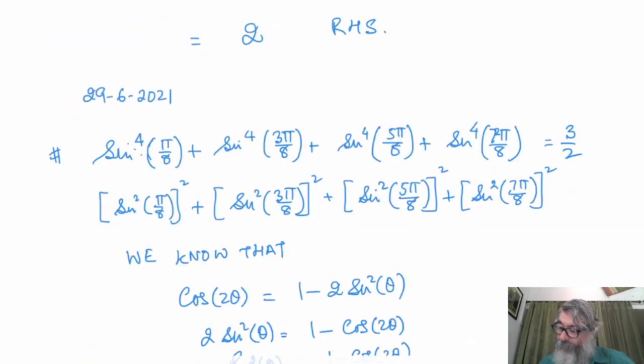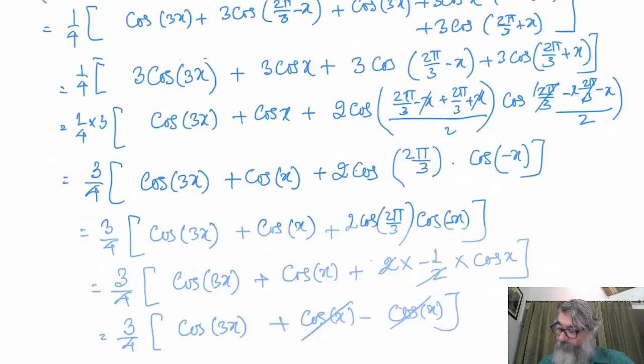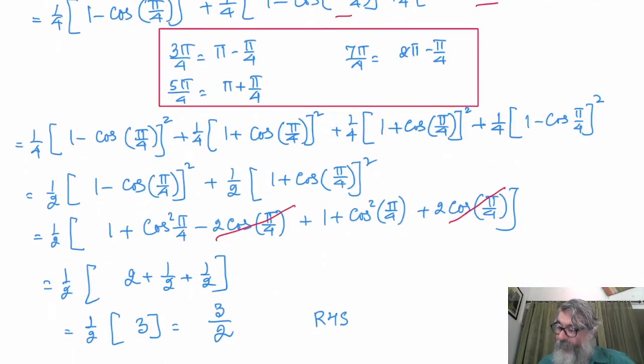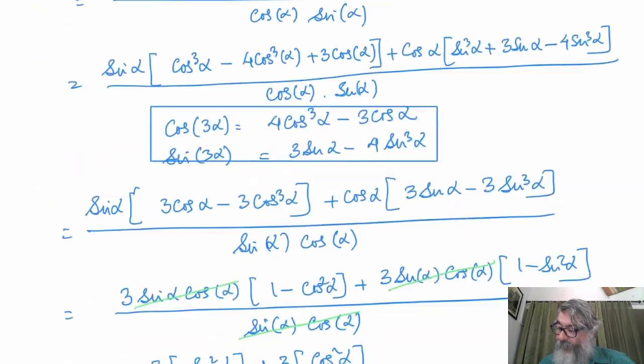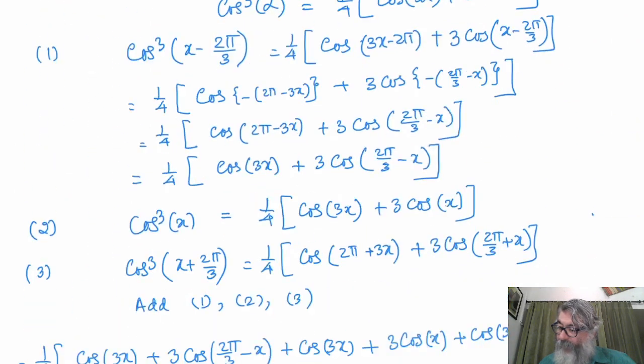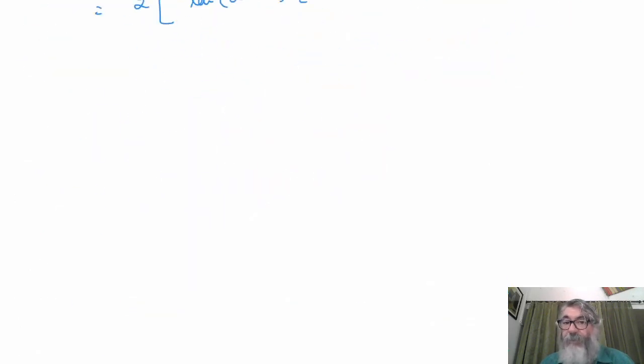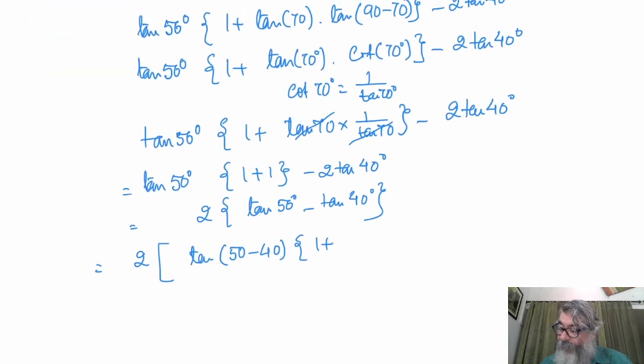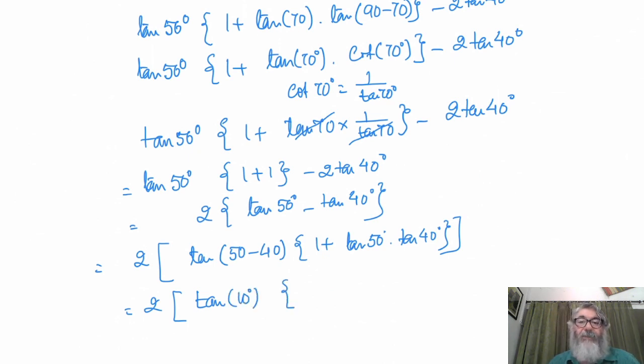This will become 1 plus tan 50, and this I can write as tan(90 minus 50). Again 90 minus 50 will be 40, but this will change to cot 50. 2 tan 10 degree, 1 plus tan 50 into cot 50 degree. Tan 50 and cot 50 are reciprocal of each other, so they will cancel with each other.